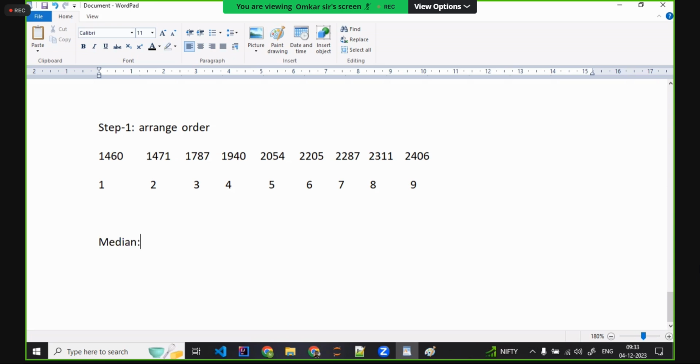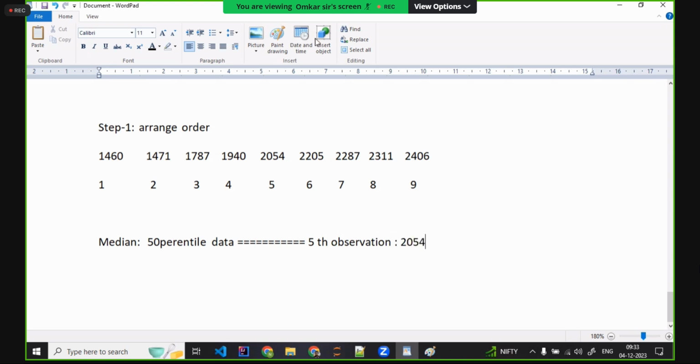Median is equal to 50 percentile of data. What is the observation number? Fifth observation, right? So what is the value of the fifth observation? 2054.